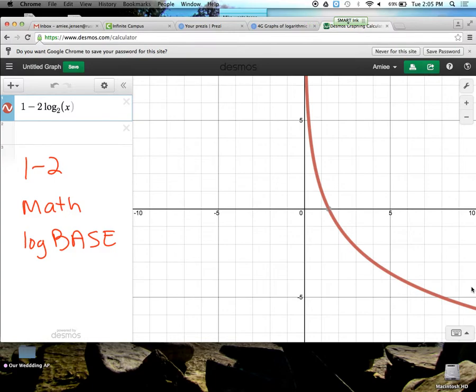What you want to do on your assignment is draw a little sketch of this. We can see that we've got this asymptote, just like we talked about, where it looks really close to 0 but doesn't quite touch it.